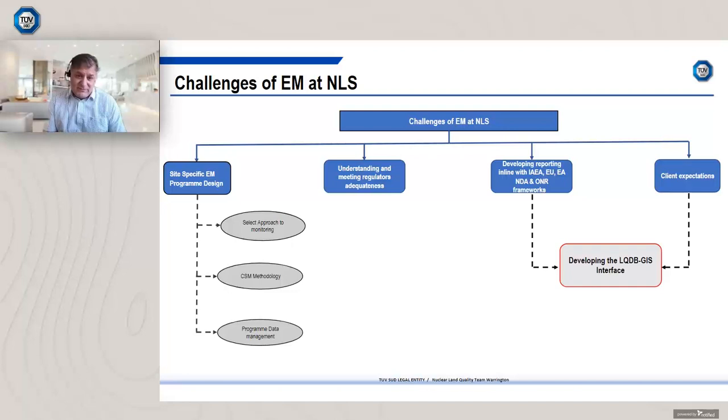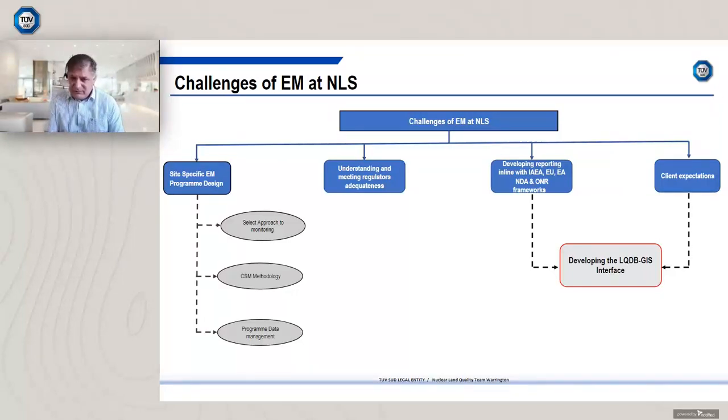First is creating a site-specific environmental monitoring program design. Your program design has to be site-specific, to be agreed on engineering terms and commercial terms, data confidentiality, regulatory adequateness, developing your reporting standards in line with the national requirement.